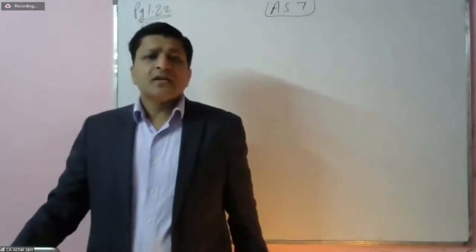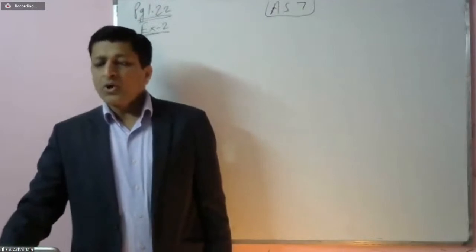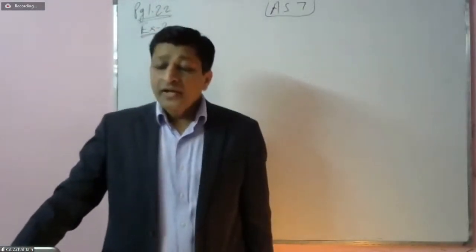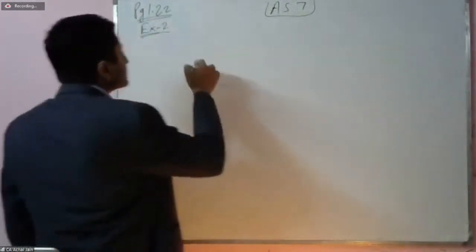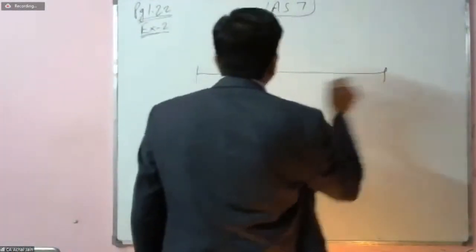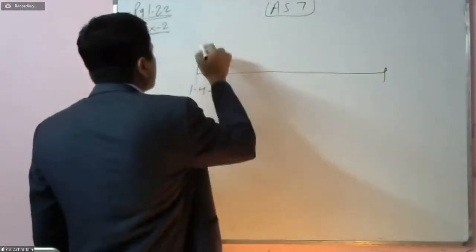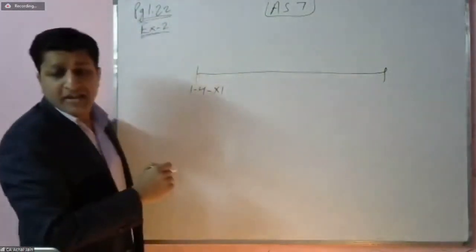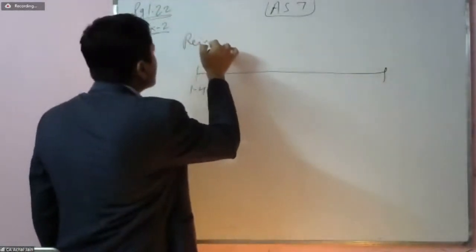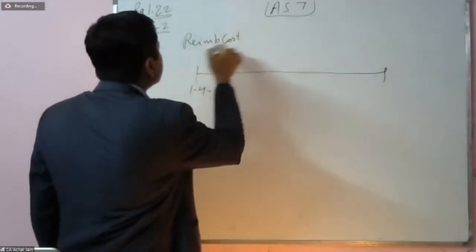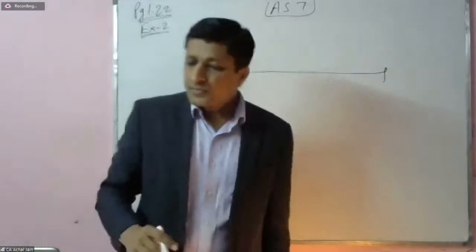X Limited commenced a construction contract on 1st of April X1. The contract price agreed was reimbursable cost plus 10%. So on 1st of April X1, the contract has been commenced, and the contract price will be reimbursable cost plus 10%. That's the arrangement.